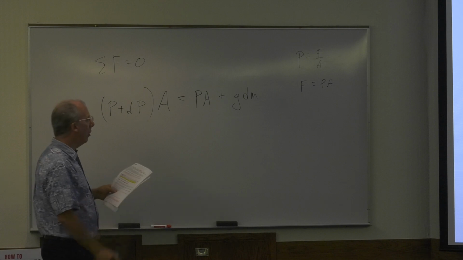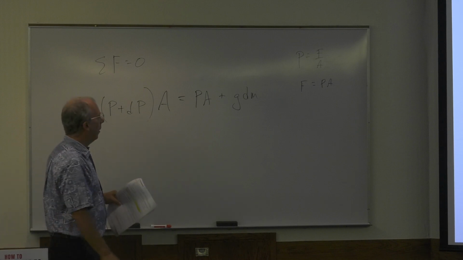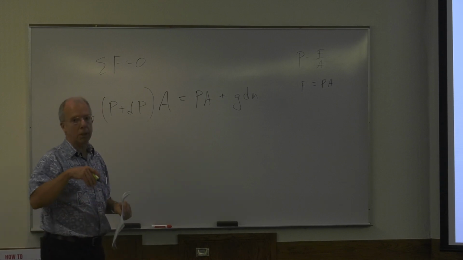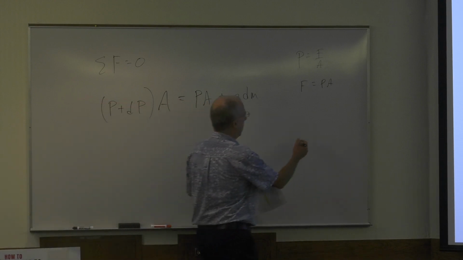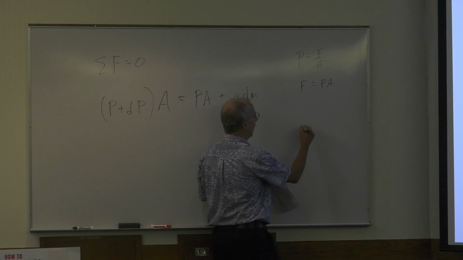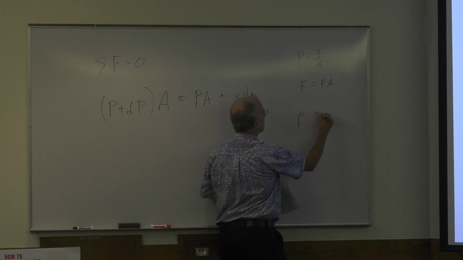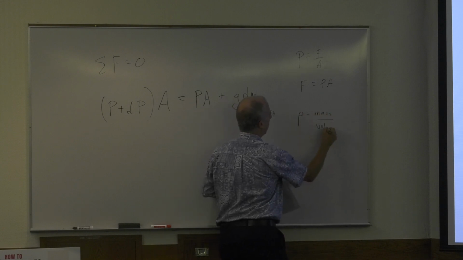So what are we going to do? We've got to get a depth variable. So this is what we're going to do, and we're going to do this lots of times when we talk about fluids. From your chemistry classes, you'll know that density is mass over volume, right?